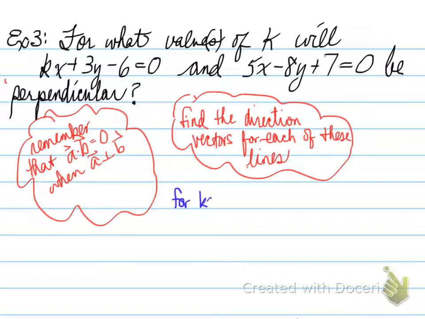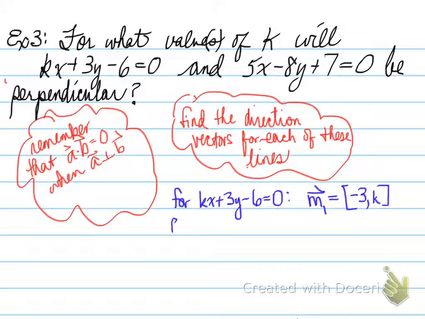So let's solve this problem one way by finding, for example, the direction vector. Oh no, sorry, first there's our normal vector. The normal vector to this is k, 3. Our direction vector will be the perpendicular vector of k, 3, which is 3, negative k.